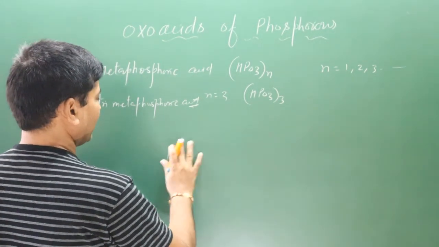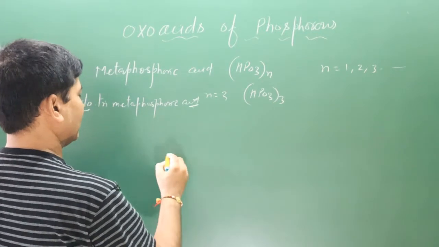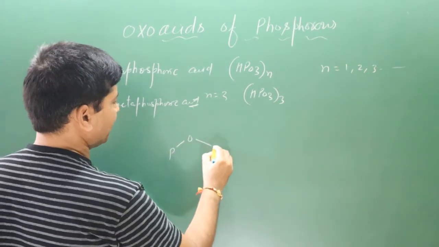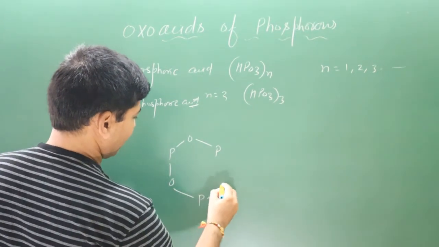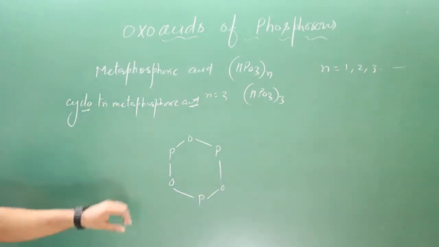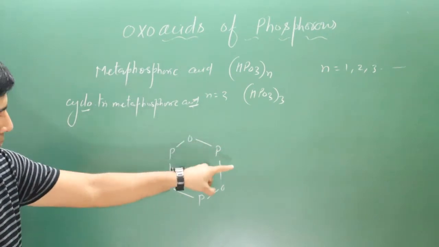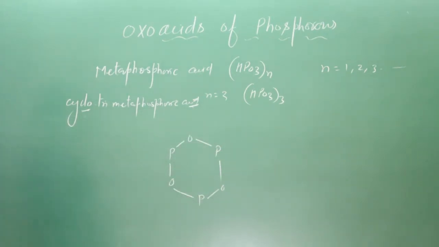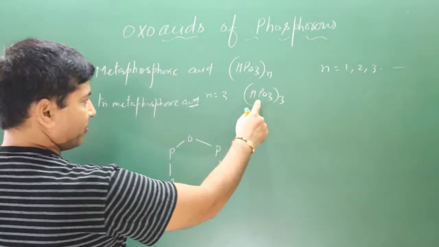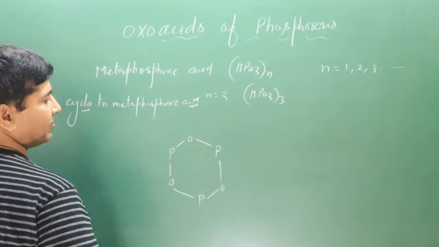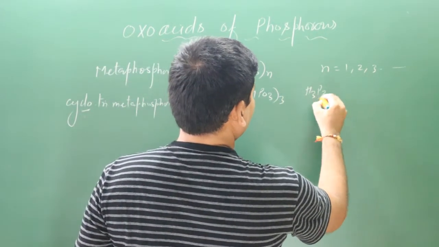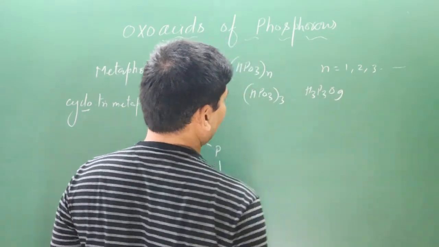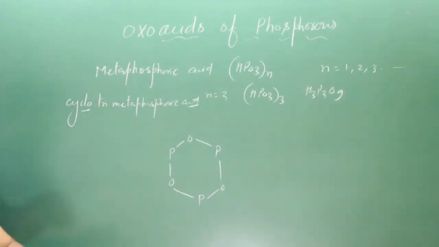We write P, oxygen, P, O and P: P-O-P, P-O-P, P-O-P, 3 phosphorus in a ring. In general, the chemical formula is H3P3O9.